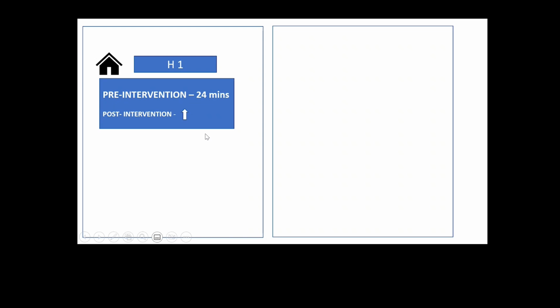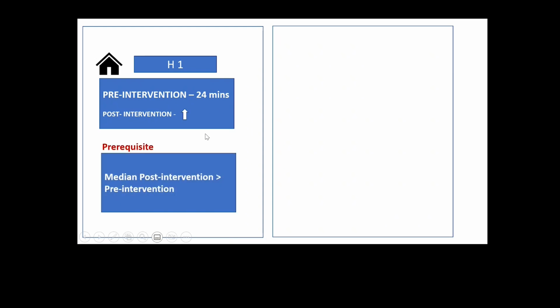If our intervention works the way we think it will, then in the post-intervention assessment that number should go up. In fact, a prerequisite for us to ascribe any change in quality of care to our intervention is that the median post-intervention nursing hour per patient shift is significantly greater than the pre-intervention.